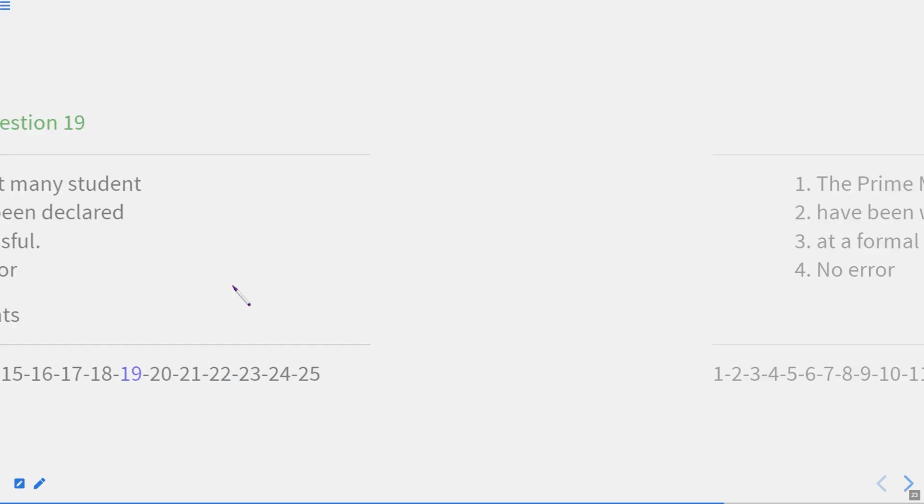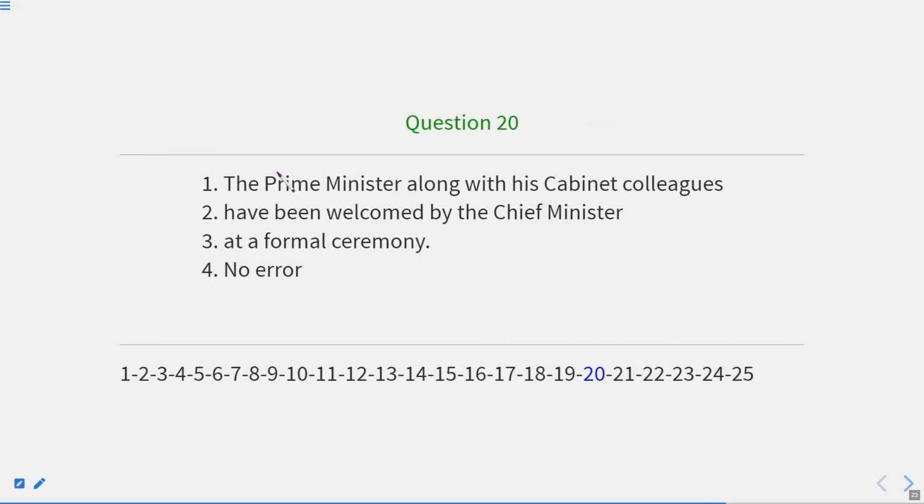Now let us move to the next one. This is question number 20 now. The Prime Minister, along with his cabinet colleagues, have been welcomed by the Chief Minister at a formal ceremony. Now, as I told you before as well, if we connect two subjects together with the help of a conjunction, we need to write verb according to the first subject if the conjunction we are using are as well as, along with, no less than, and not.